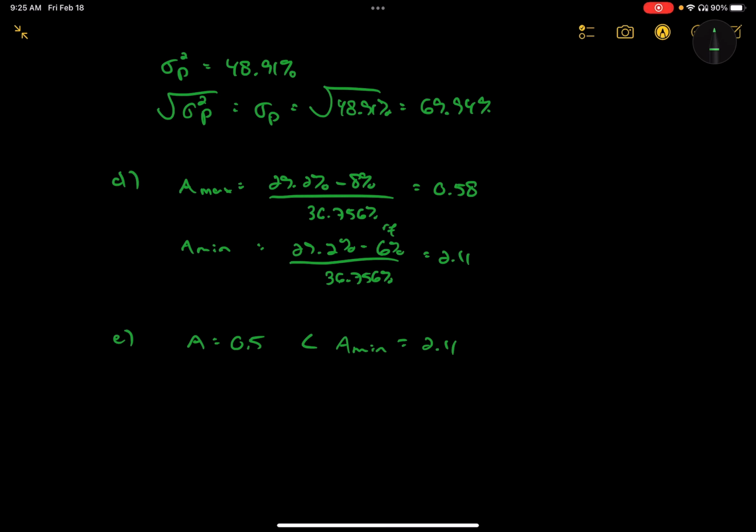So if we can't borrow and don't want to invest in the risk-free asset, then we just pick a portfolio on the efficient frontier as if there were no risk-free asset and no borrowing asset.